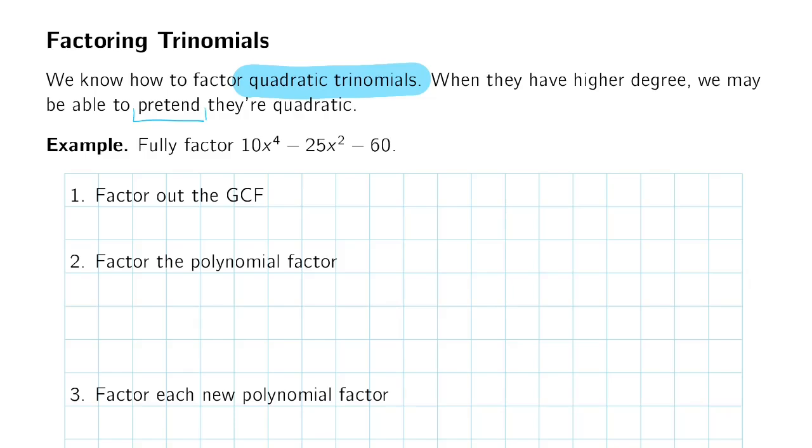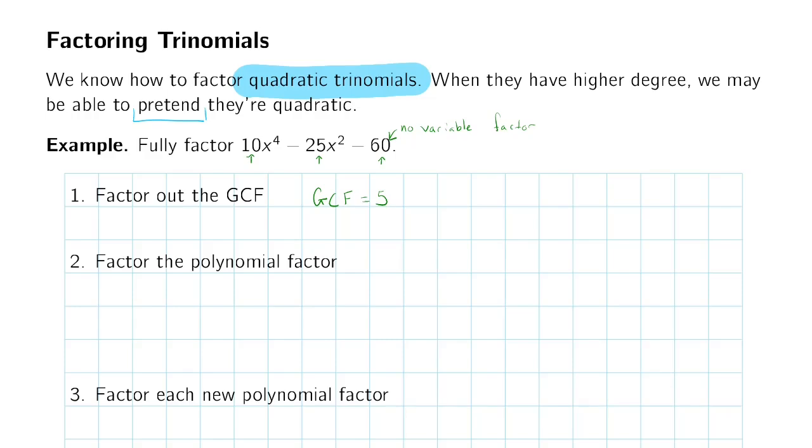So how do we factor this? Well, first we factor out the greatest common factor. We're going to notice that this term has no variable factor, so there's no variable common factor. But now looking at each of these numbers, we spot that each of these is a multiple of 5. So our greatest common factor is going to be 5.